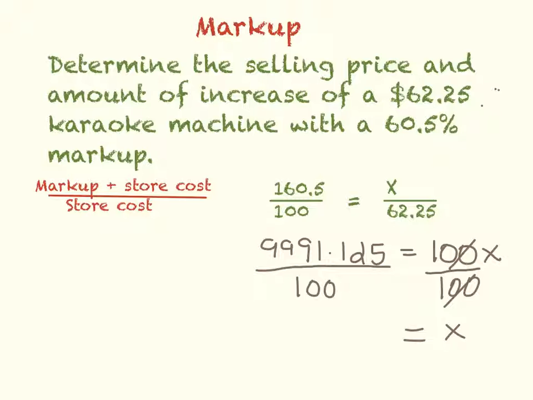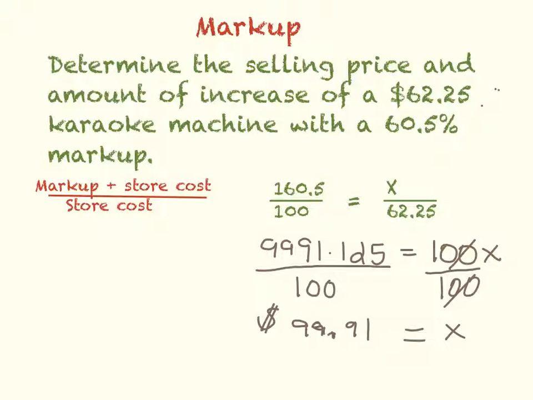If I move the decimal over 2 places to the left, remember this is money, that gives us $99.91. Everything else is just going to drop off. So that does not look very pretty, but it's $99.91.